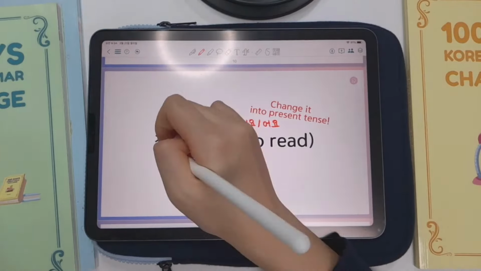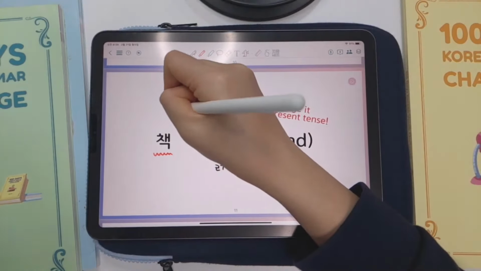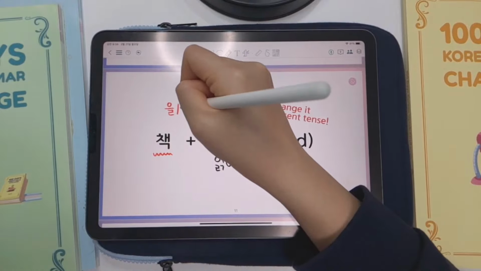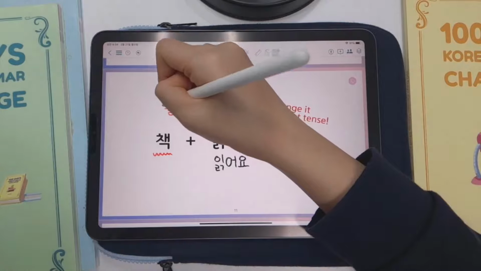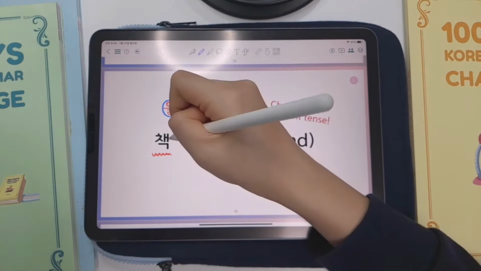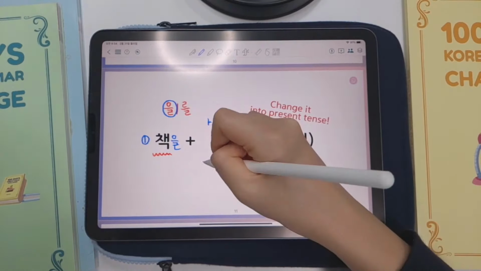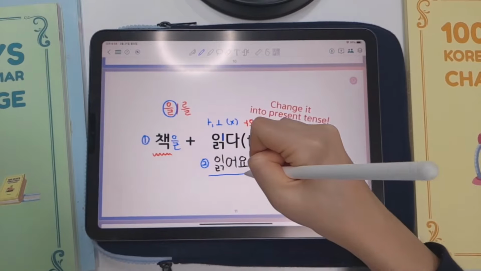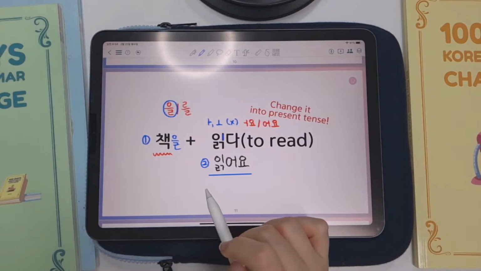This can be a object of this sentence, so we have to add 을 or 를, right? And 책 has final consonant, so we have to choose 을. So 책을 읽어요. 책을 number 1, 책을 number 2, 읽어요. 책을 읽어요. Okay, so what does it mean?